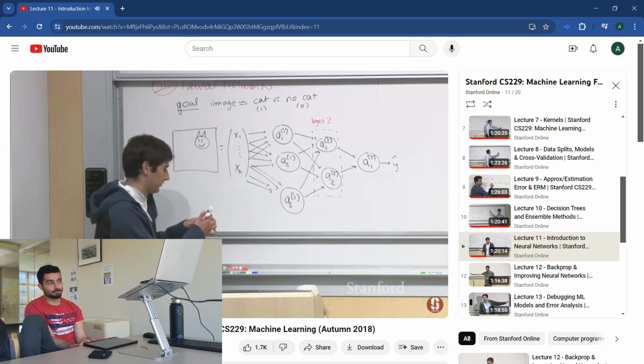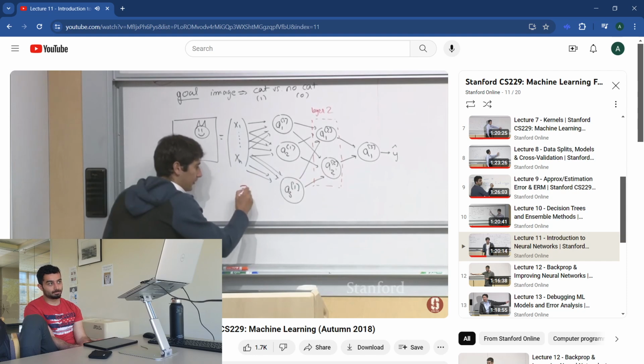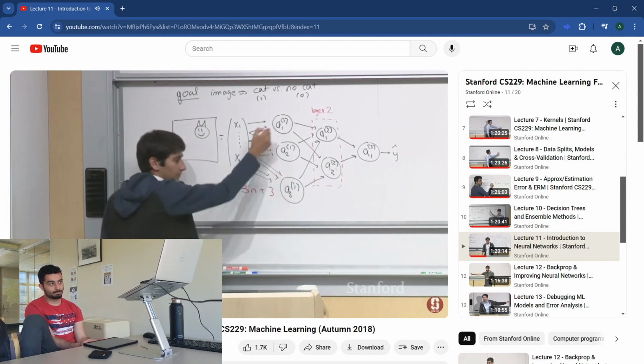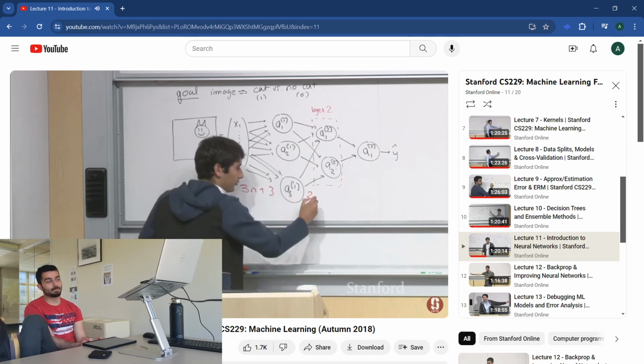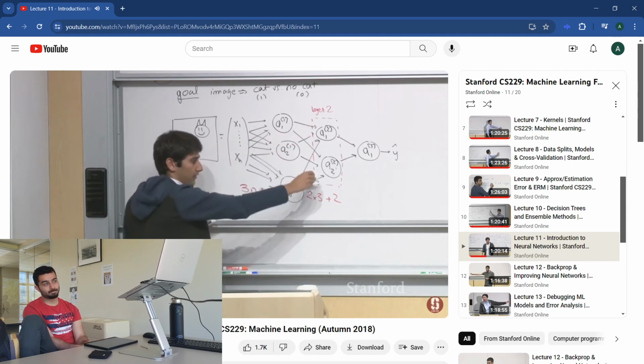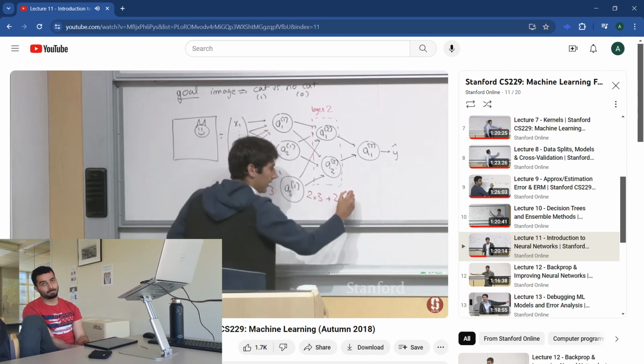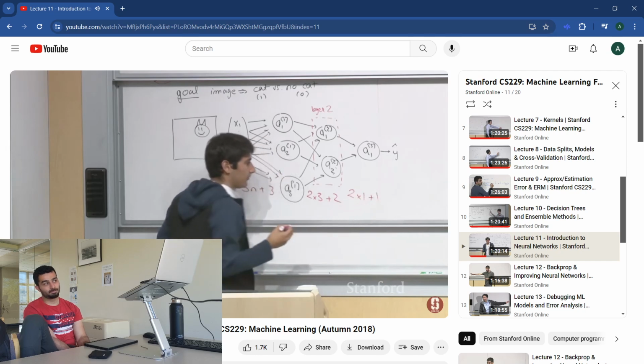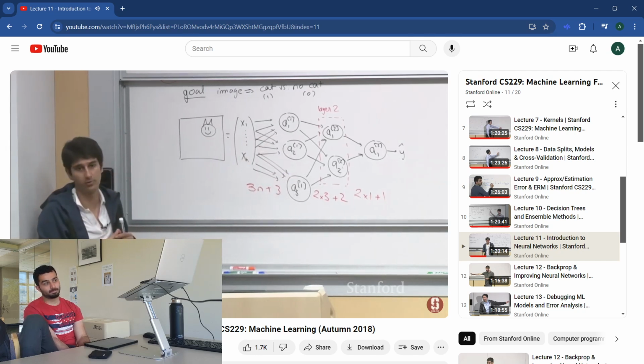Yeah, correct. So in here, you would have 3n weights plus 3 biases. Here, you would have 2 times 3 weights plus 2 biases, because you have 3 neurons connected to 2 neurons. And here, you will have 2 times 1 plus 1 bias. Make sense? So this is the total number of parameters.